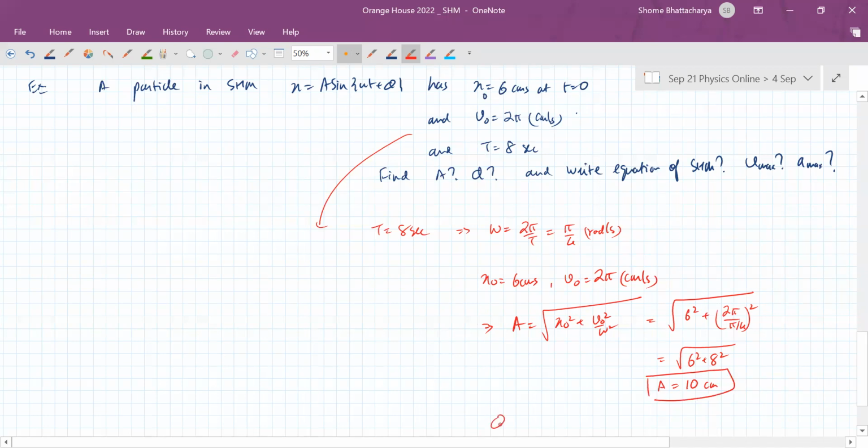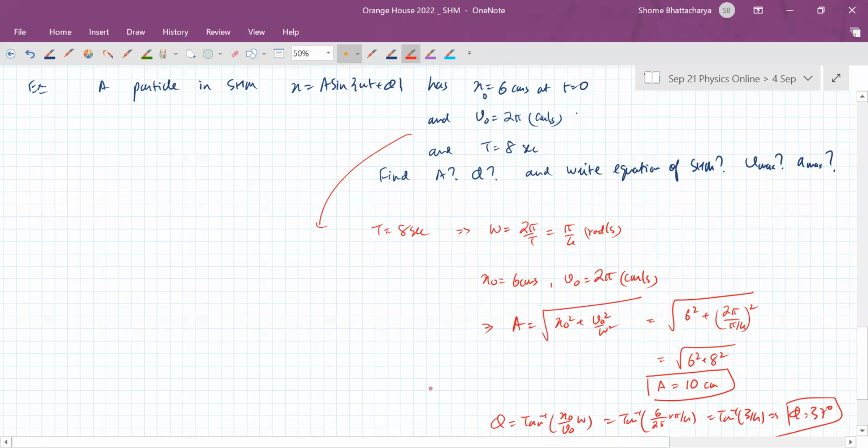The phase constant is tan inverse of x naught divided by v naught into omega. Phase constant is 37 degrees.